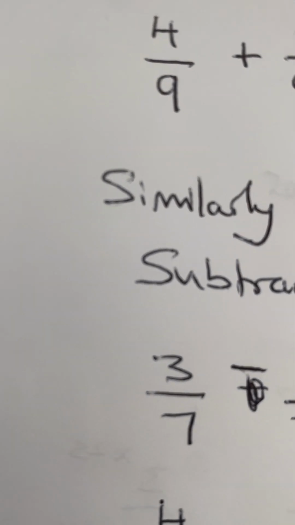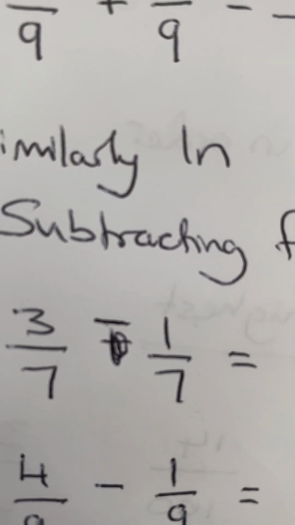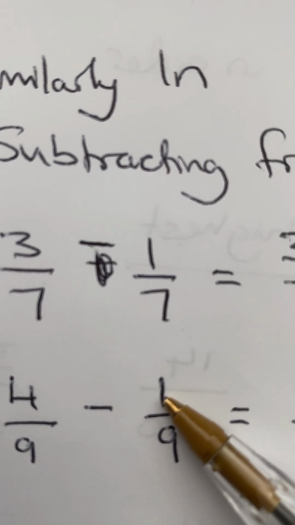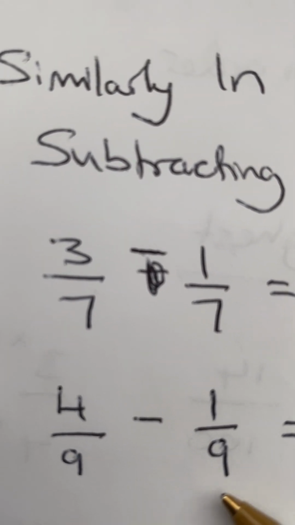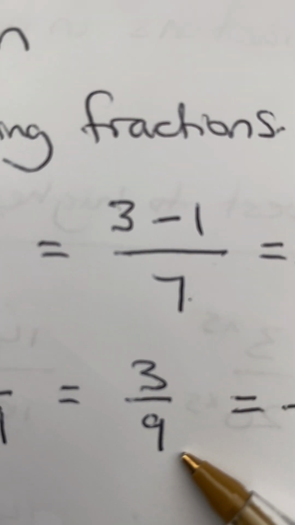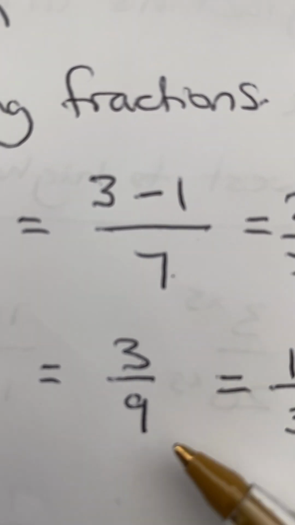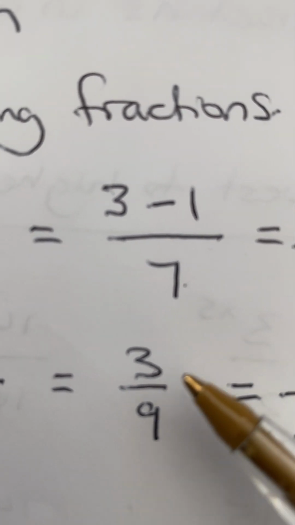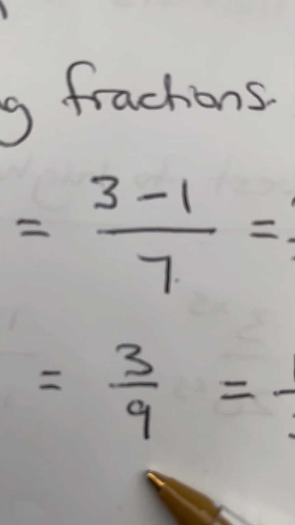So here again, 4 over 9 minus 1 over 9. 4 minus 1 is 3. The denominators are the same, it's a 9. So we have 3 out of 9. We're talking about the lowest term. 3 is a factor of 3 and a factor of 9.